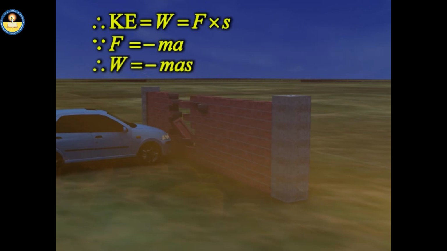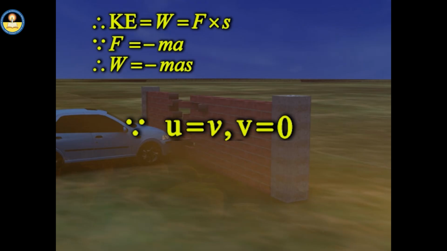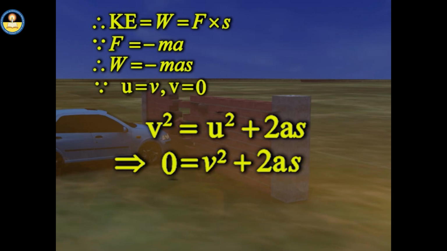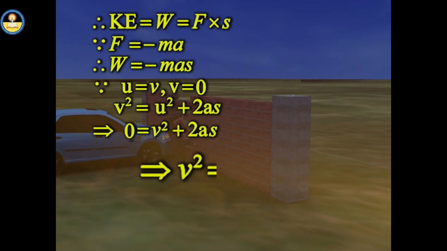Since the initial velocity of the body is v, and after a displacement s it comes to rest, by using the third equation of motion, we can obtain v square equal to twice of as.